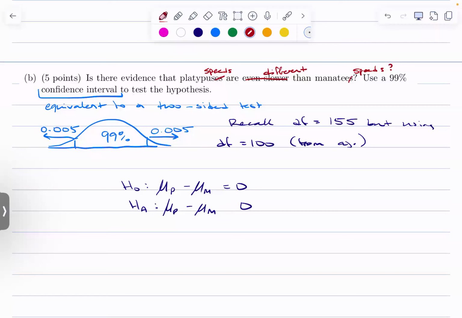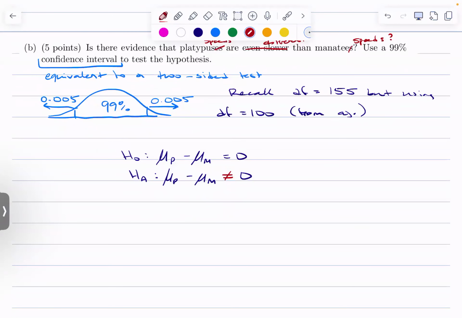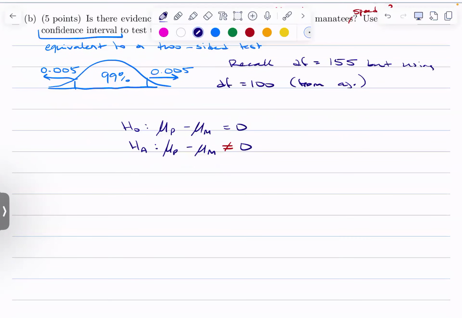Maybe I'll clean this up here. Okay. And so in order to use a confidence interval, it should be a two-sided test. That's an oversight. But now, for my confidence interval, I have my point estimate plus minus my T star, and then the square root of S1 squared over N1 plus S2 squared over N2.